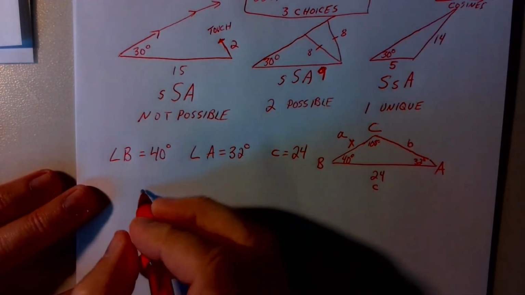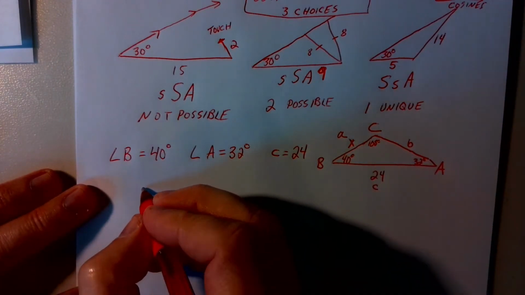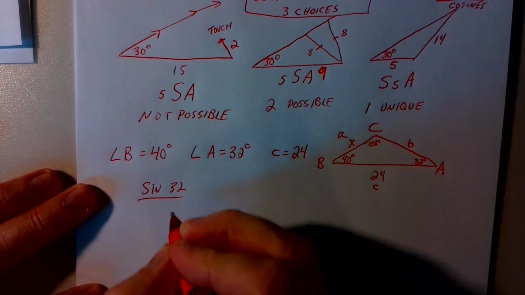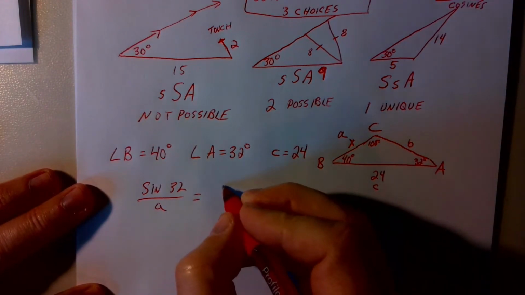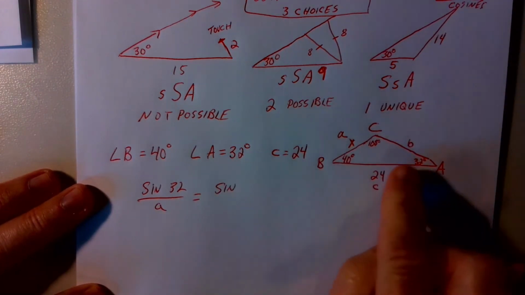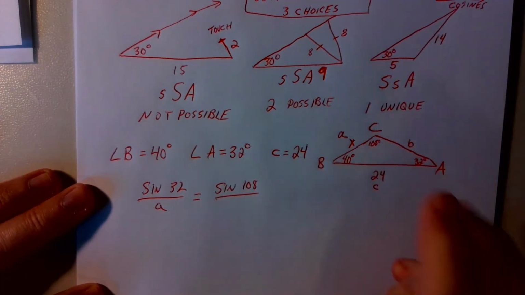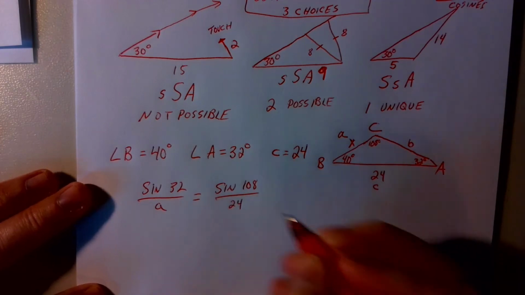So I'm simply going to write, if I'm trying to find side A, sine of angle A, 32 over unknown A, equals sine of 108 over little c, 24.